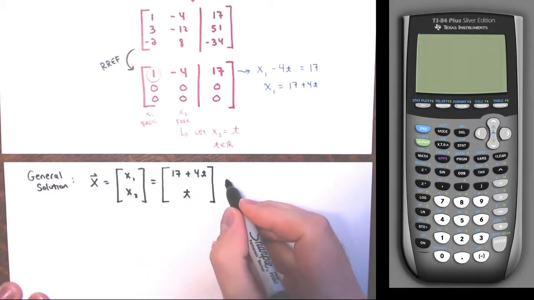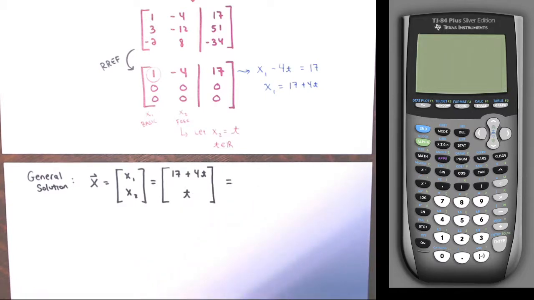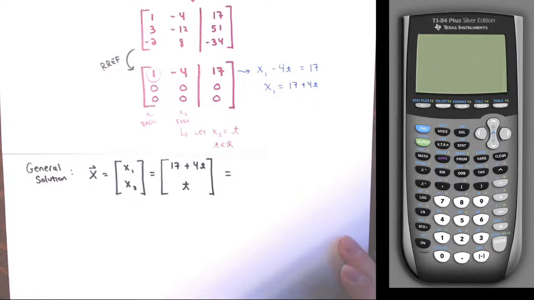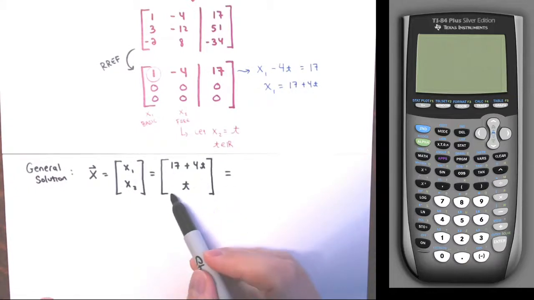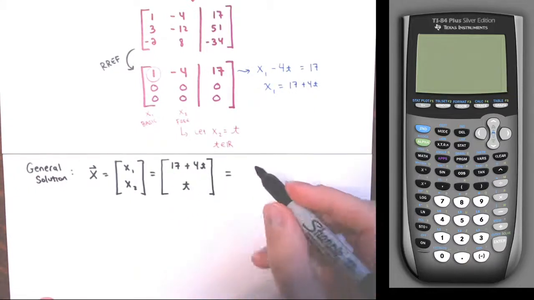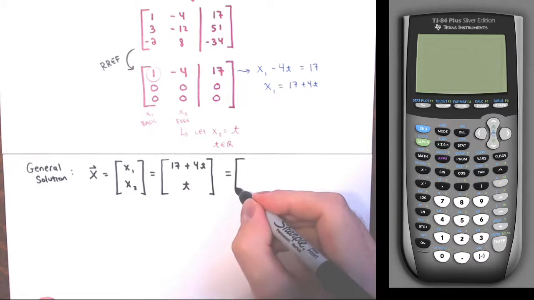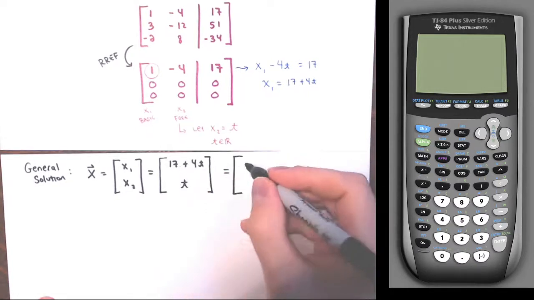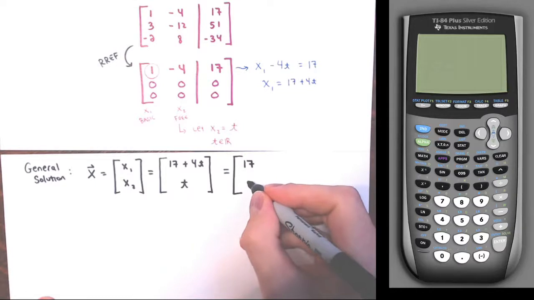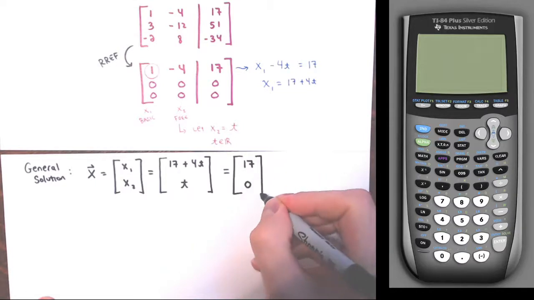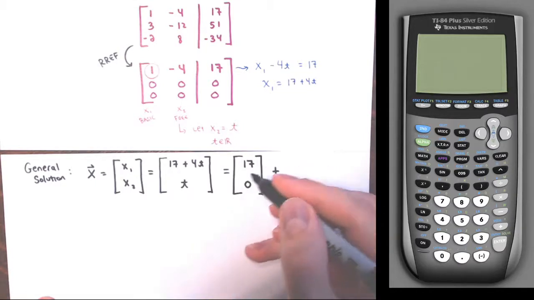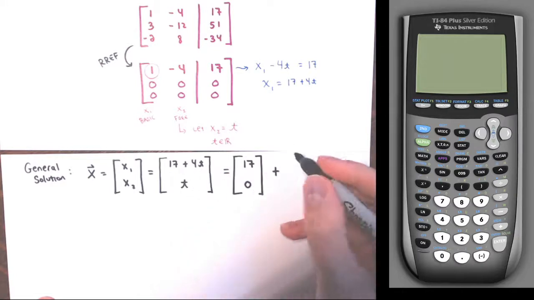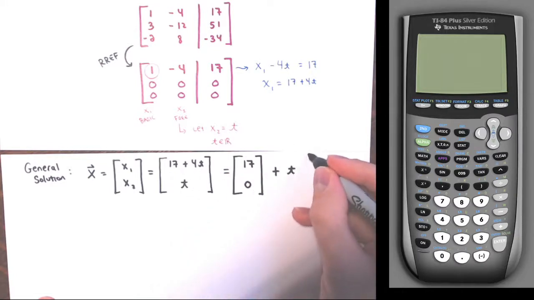I'm going to break this up. I've got terms without the free variable and terms with the free variable. I can break this up into this sum: the vector 17, 0, plus, since both have t in them, I can pull t out times the vector 4, 1.